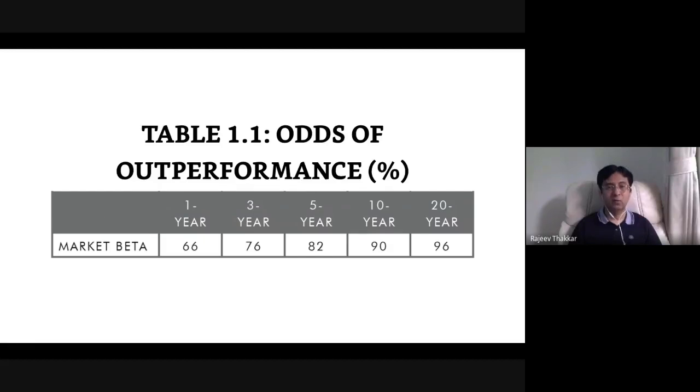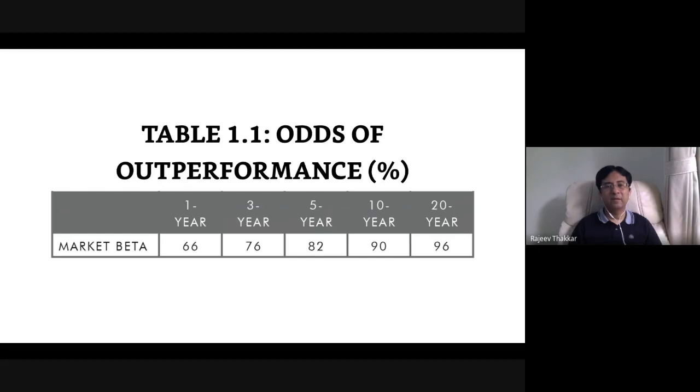But it also means that 34% of the time your returns may be lower than that of treasury bills. If you invest for 3 years, the odds improve. Only 24% chance of not making equivalent to treasury bills.